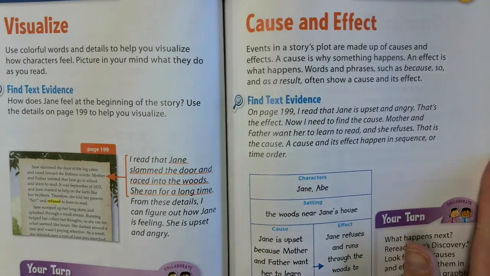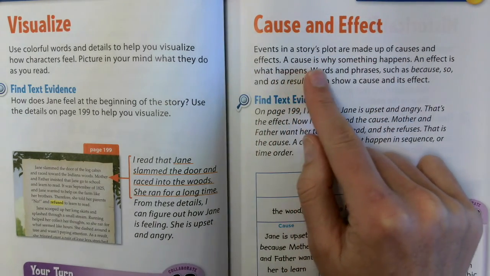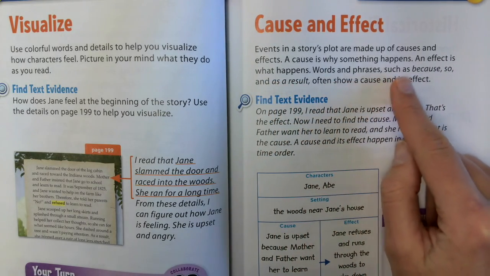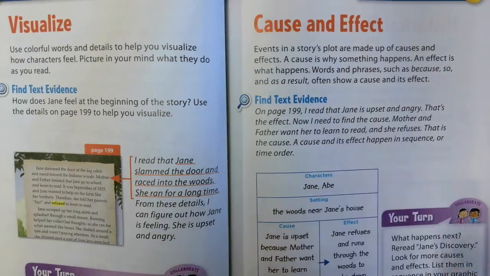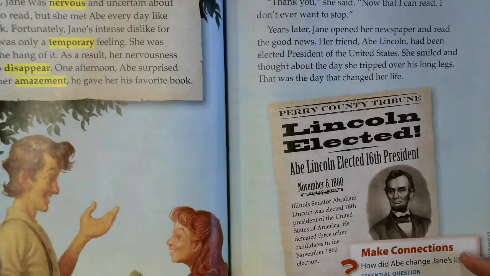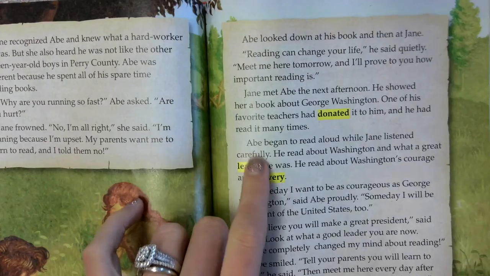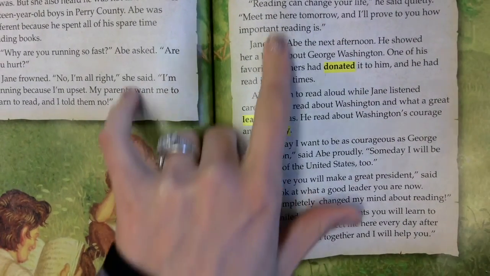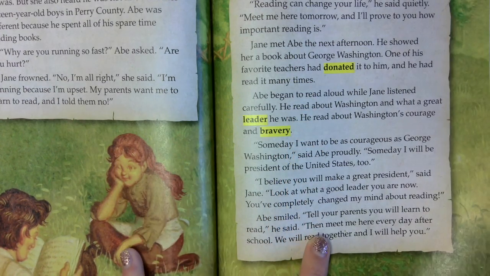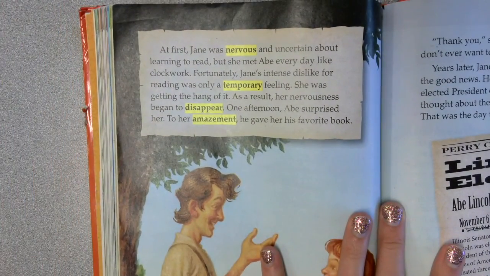This week we're also going to talk about cause and effect. Events in a story's plot are made up of causes and effects. A cause is why something happens. An effect is what happens. Words and phrases such as because, so, and as a result often show you that. So if we turn back, here we go.